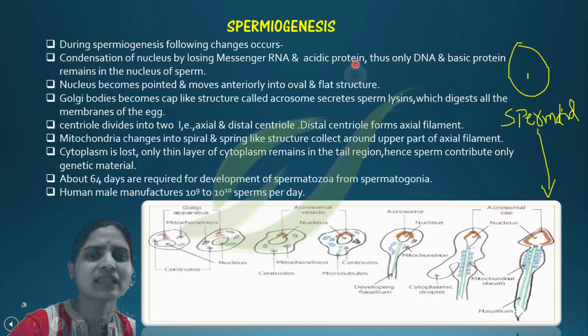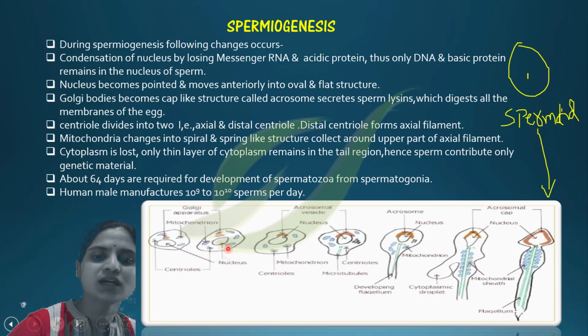The protein and messenger RNA present in the spermatid will be lost. So in the spermatid, DNA and basic protein will be present, and we can tell that the nucleus consists of only DNA.